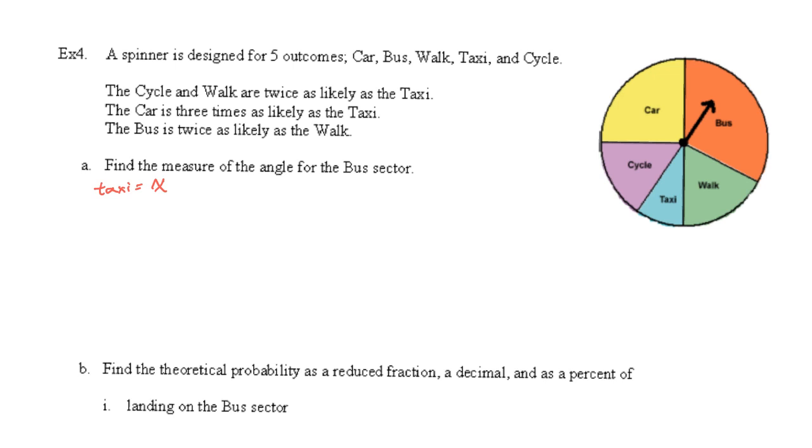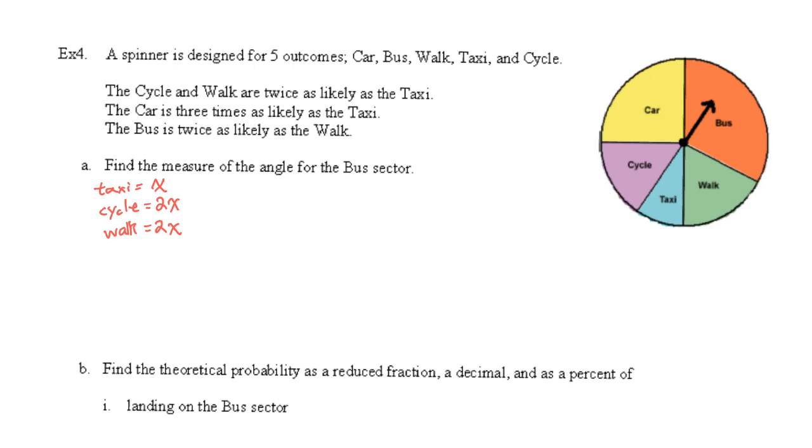And then what we're going to do is we're going to assume that the cycle and the walk are twice as likely as a taxi. So here's my cycle is 2x, and my walk is also 2x. Okay, so that's a total of 5x spots there, isn't it?